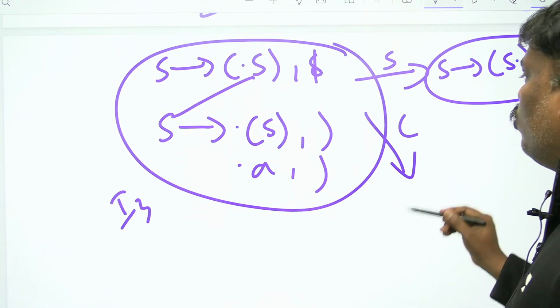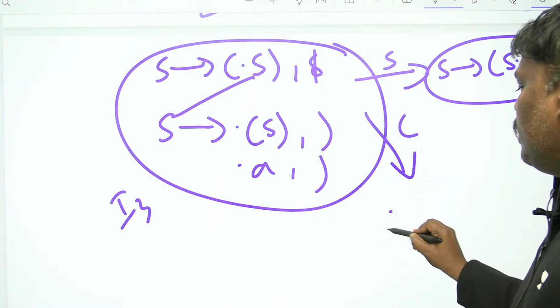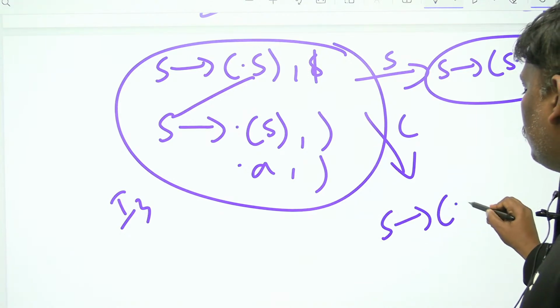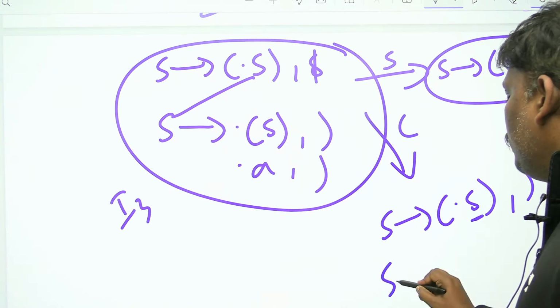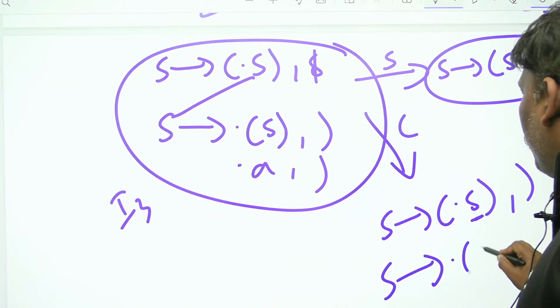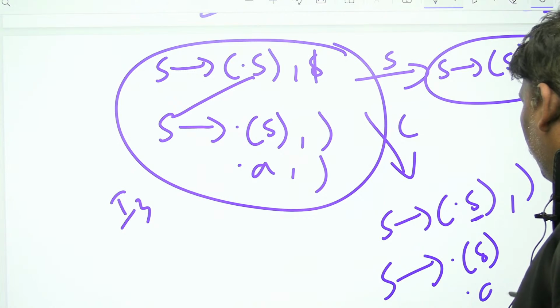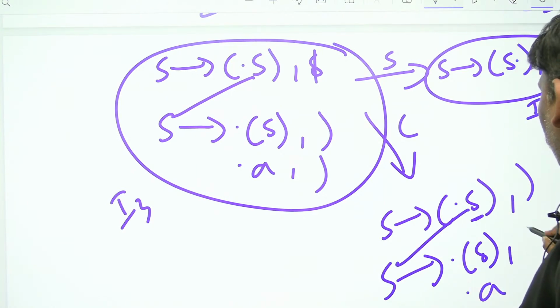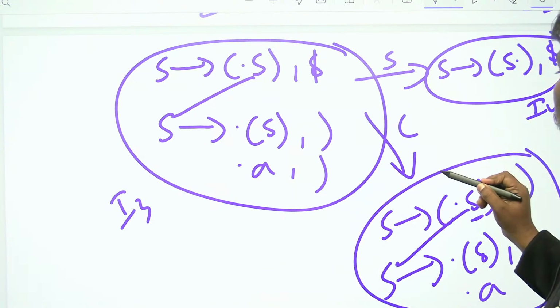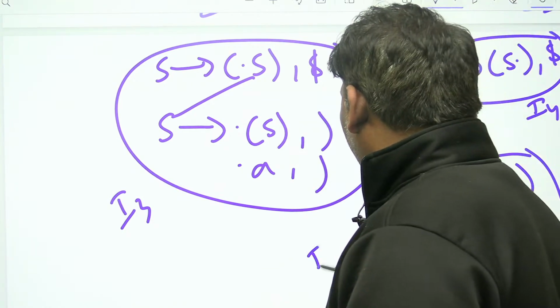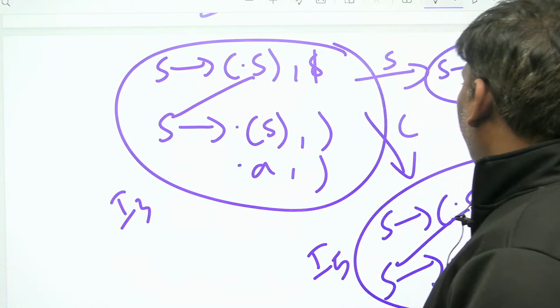S goes to open bracket dot S closure bracket, comma closure bracket. Because of dot S, the S possibilities from the grammar: dot open bracket S closure bracket, dot a. It came from here. Lookahead symbol is closure bracket. If you observe clearly, it is I5.